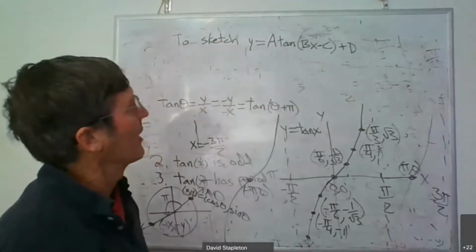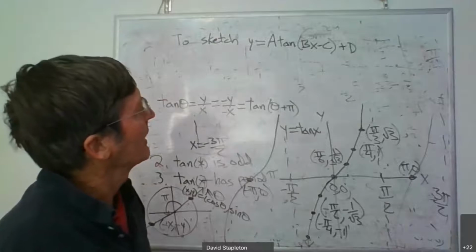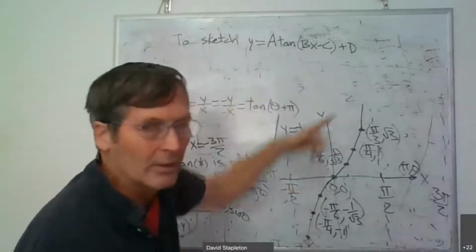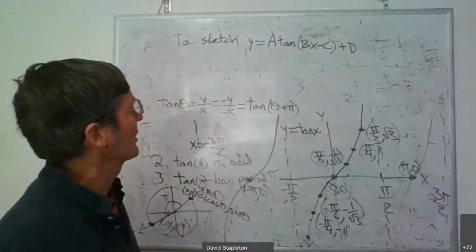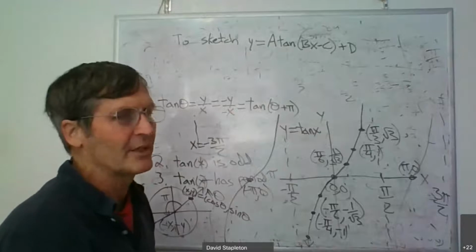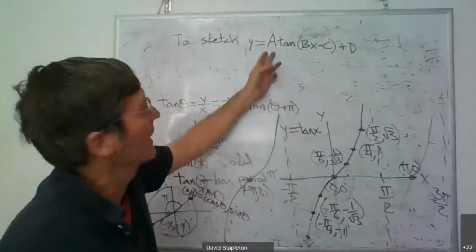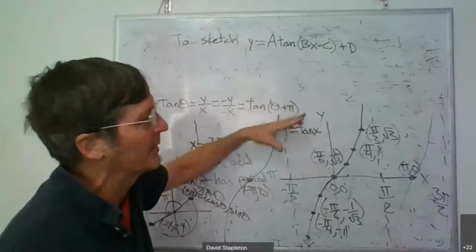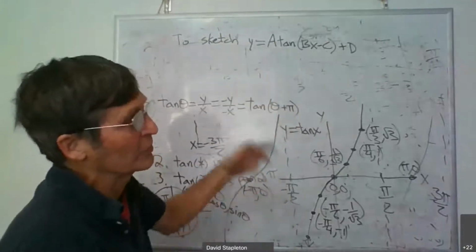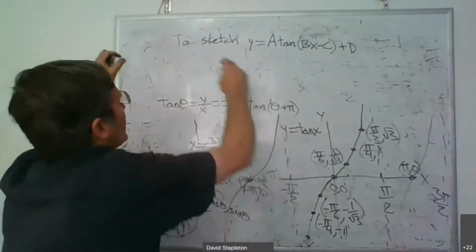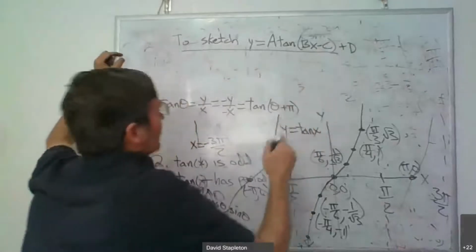So that will tell you the new period. And C over B and D are, again, the coordinates of the shift point. We don't call it a phase shift anymore because it's not a wave, but we'll just call it a horizontal shift. And I won't call A the amplitude anymore because it's not a wave, but I'll say it's the vertical stretch factor. So what we do is we write the same things with a little different notation.